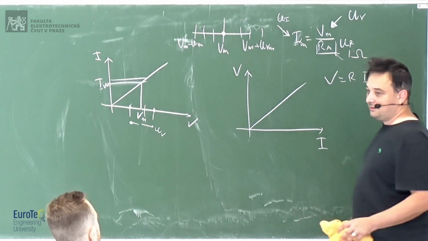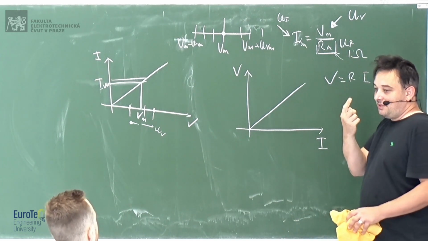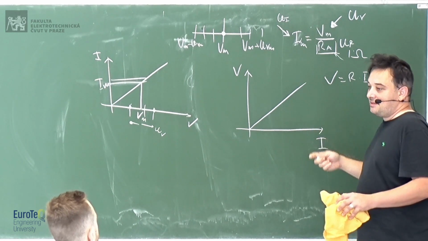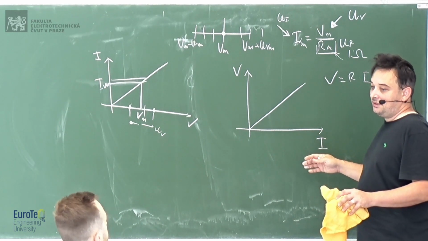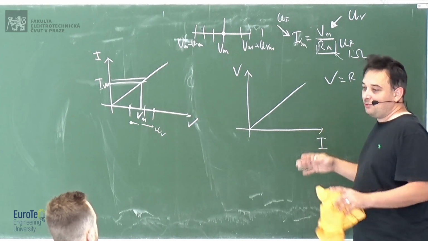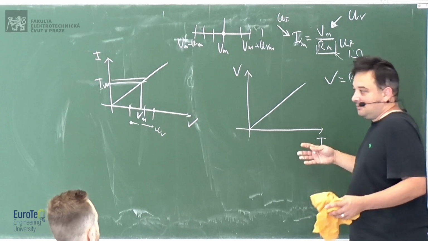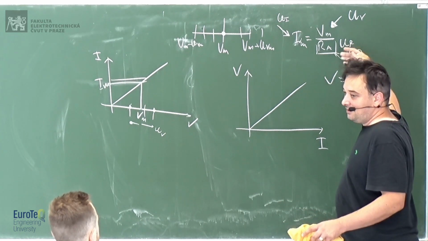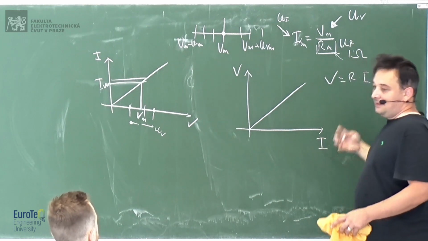Well, why not? I take only one sigma. One sigma means that I take one standard deviation, but it doesn't mean that the value should be within one standard deviation. It could be 2, 3 standard deviations, even 10. You never know.